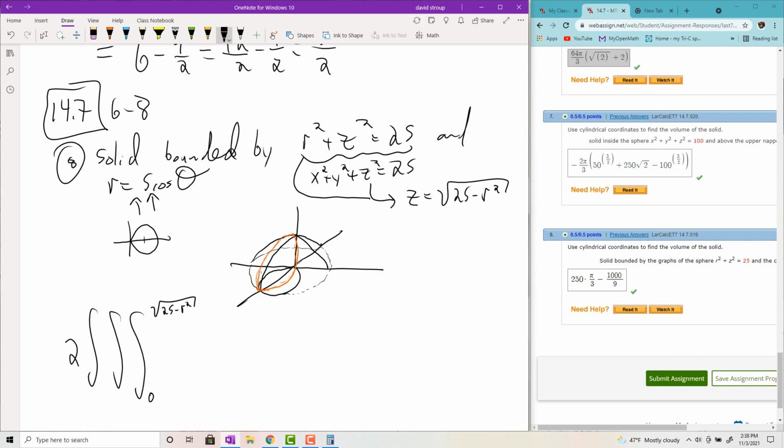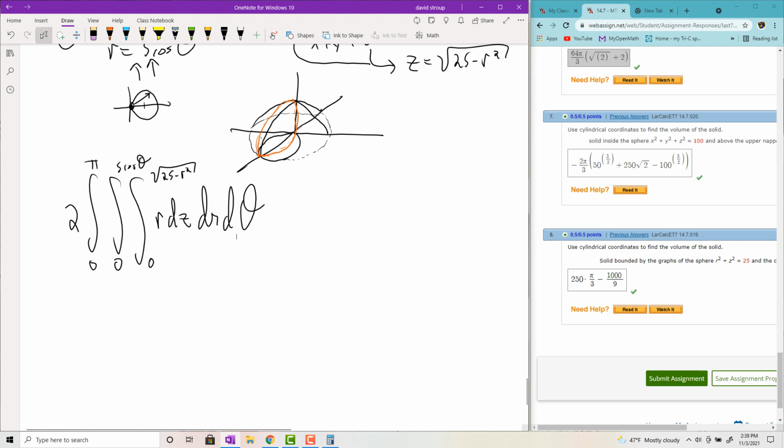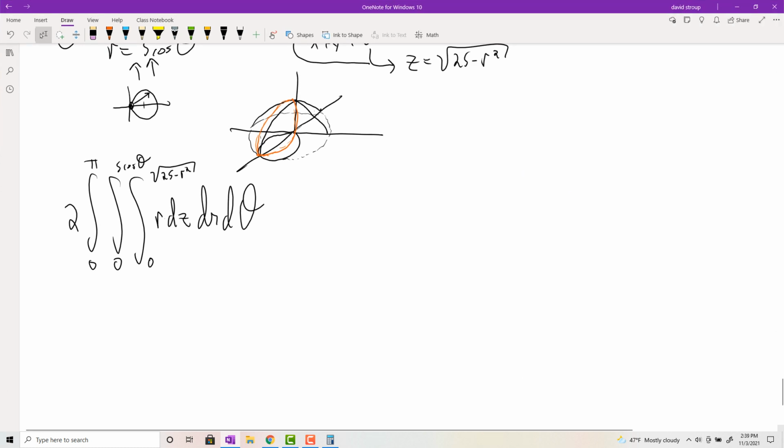And then with respect to r, the region I'm integrating over is 0 to 5 cosine theta. And then, of course, theta is from 0 to pi to get that region. And then it's just r dz dr d theta. So, nasty integral here. Let me give myself some more room so I don't feel like I have to smush everything in and skip steps.